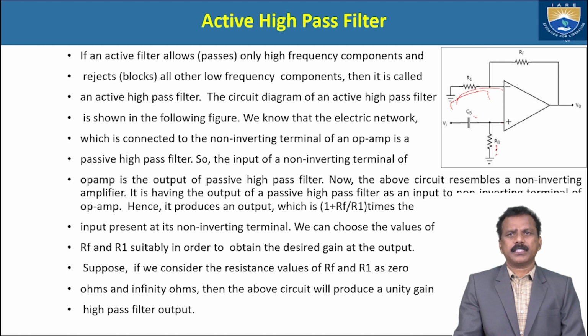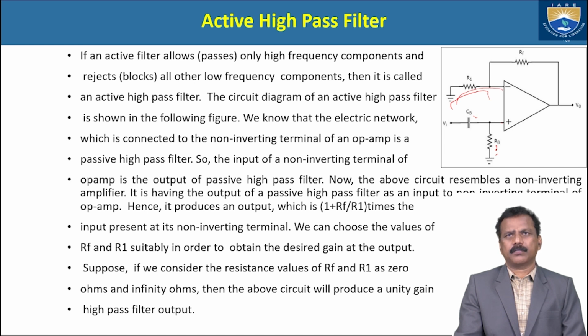Suppose we consider the feedback resistor RF and input resistor R1 as 0 ohms and infinity ohms, then the circuit will produce a unit gain high pass filter output. Okay, this is the simple circuit diagram.